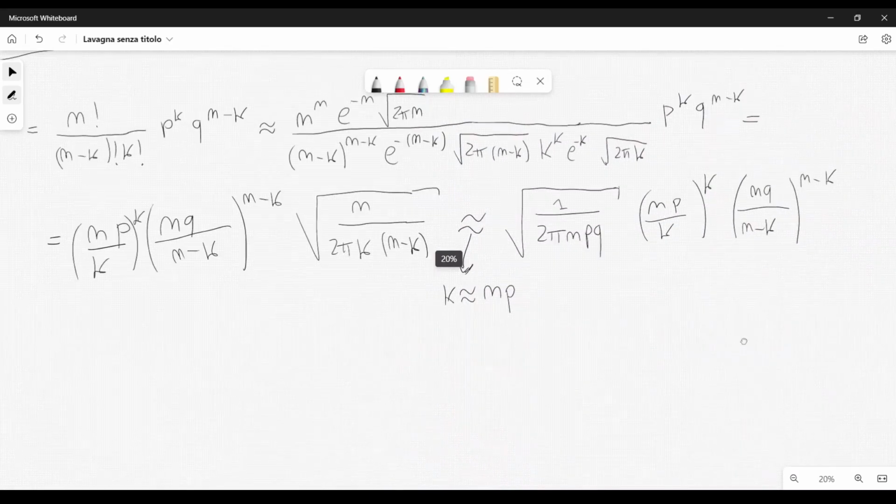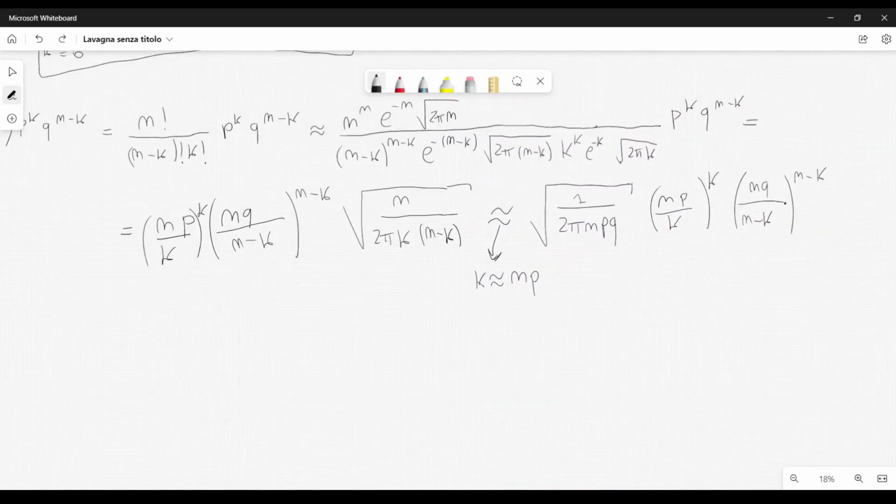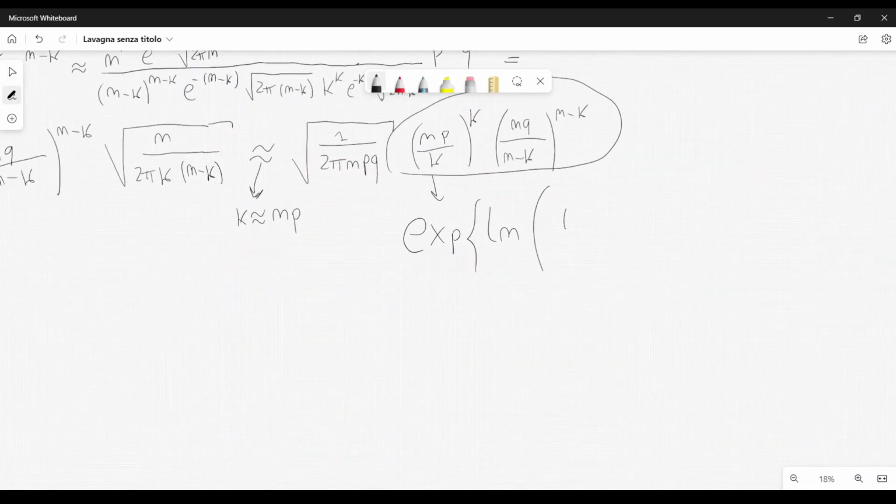Now we will rewrite these terms here. We will consider the exponential of the logarithm. So I will rewrite these terms as the exponential of the natural logarithm of those terms: np over k to the k, nq divided by n minus k to the n minus k.